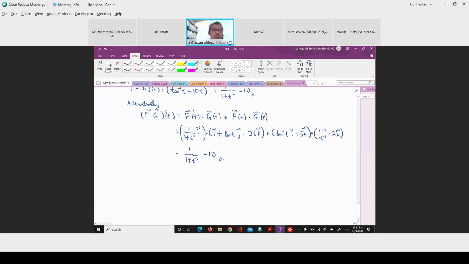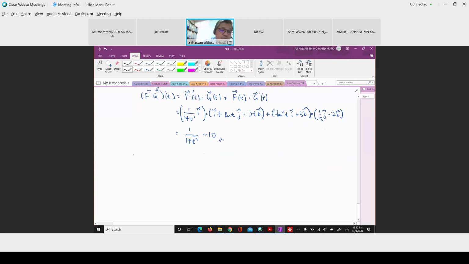Okay. Next, we want to find the derivative of the cross product. One way is to find the cross product first and then differentiate.